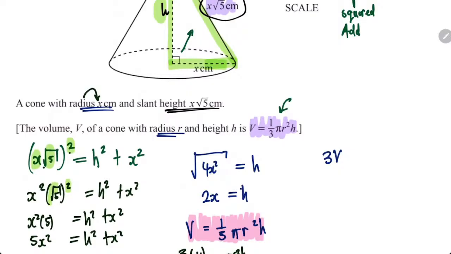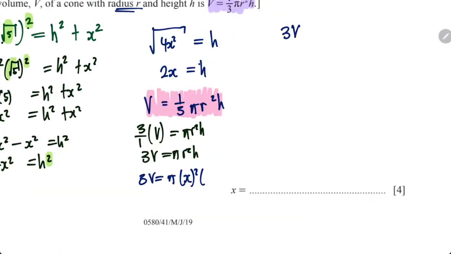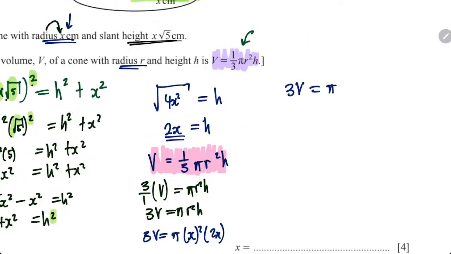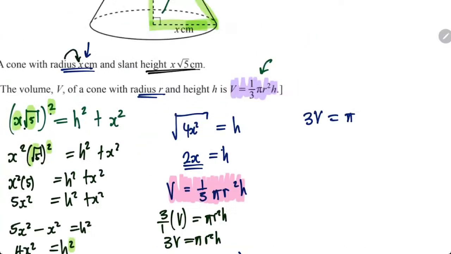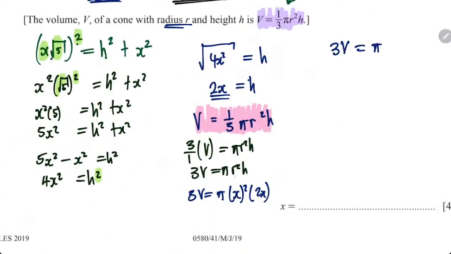They've told us that the radius is x. So it will be x squared by the h we have found to be 2x. So we now have 3v is equal to pi. We are just replacing. Radius was x, so I put x instead of r because the radius is x.